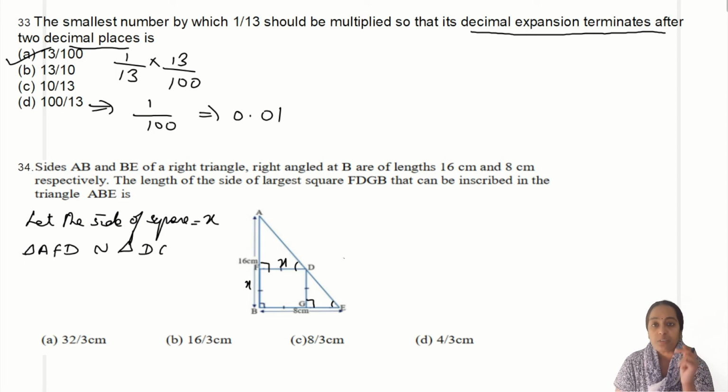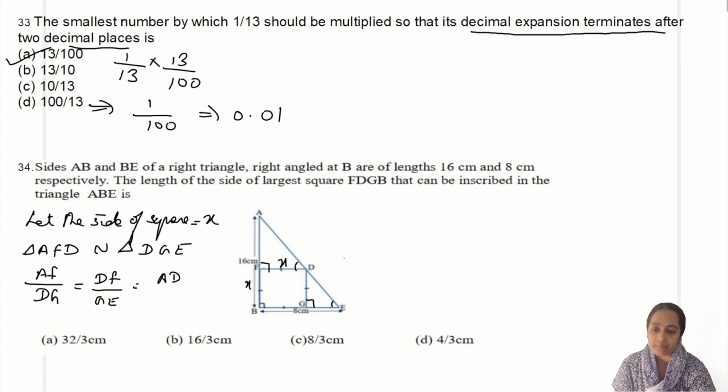When two triangles are similar, children, you always know that the corresponding sides are in proportionate ratio. So you have AF divided by DG equals DF divided by GE equals AD divided by DE. What is AF? AF is going to be 16 minus X. What is DG?